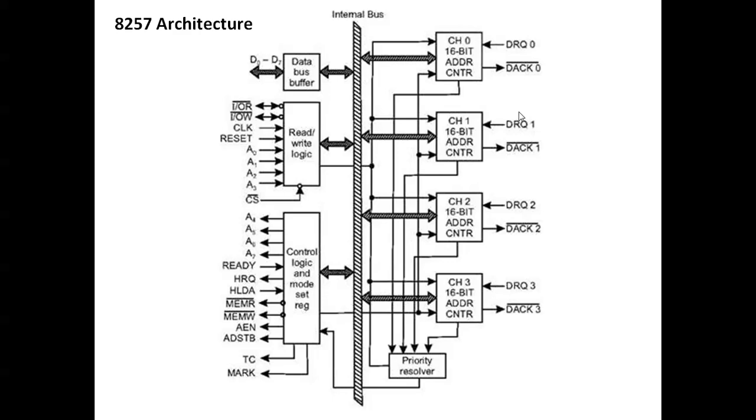Then the CPU goes to hold state and sends the HLDA signal to the DMA controller. Then the controller gives the final acknowledgement DACK 0, DACK 1, DACK 2 like that to the peripheral devices. So then they directly access the memory without the interference of the CPU.